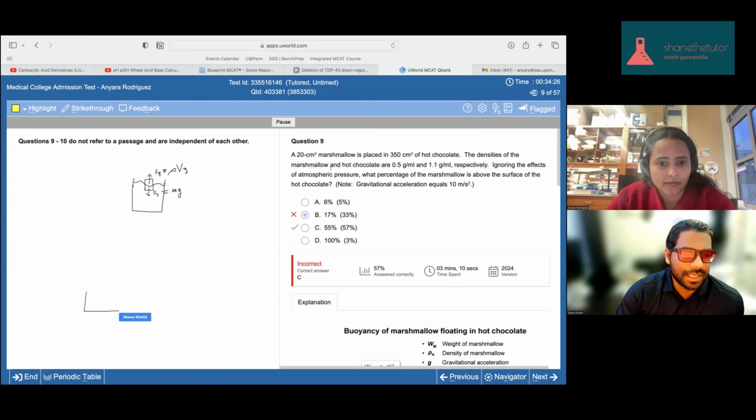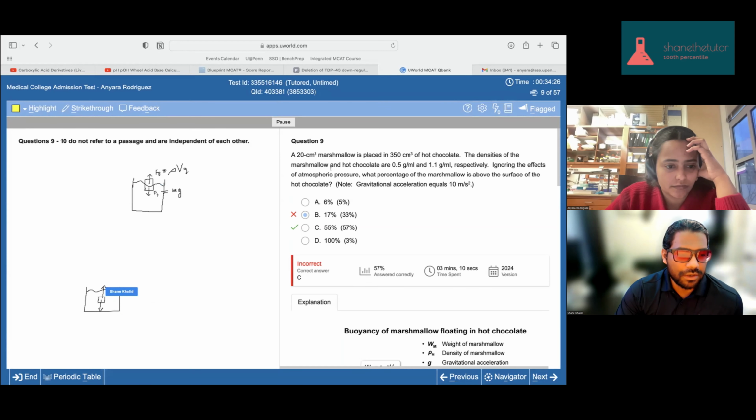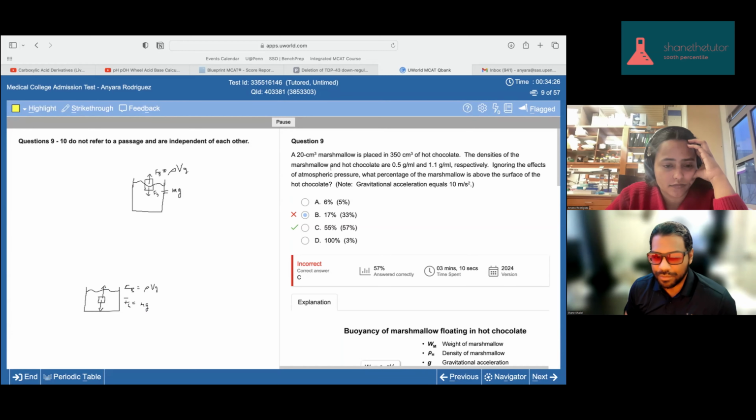A simpler example is if something is completely submerged. The force of gravity is mg, and the buoyant force is rho of the fluid, times the volume of the fluid displaced, times g. If something is completely submerged, the object's entire volume is submerged, so it must displace that equivalent volume of the fluid.